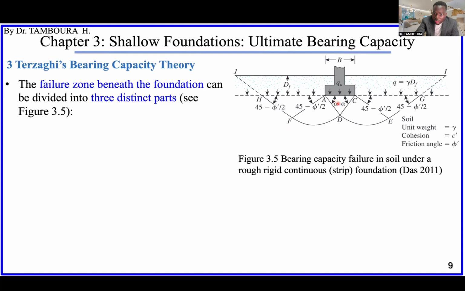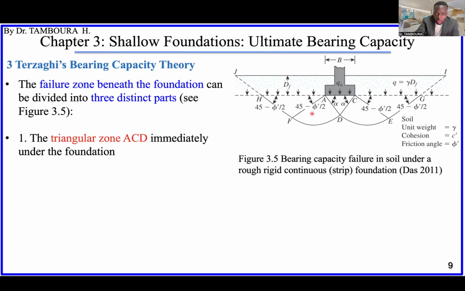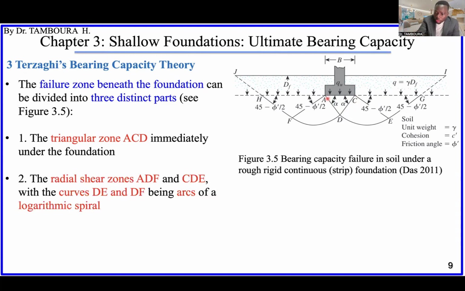The first part is the triangular zone ACD. You can see A here, C here, and D here. It looks like a triangle, which is immediately under the foundation.